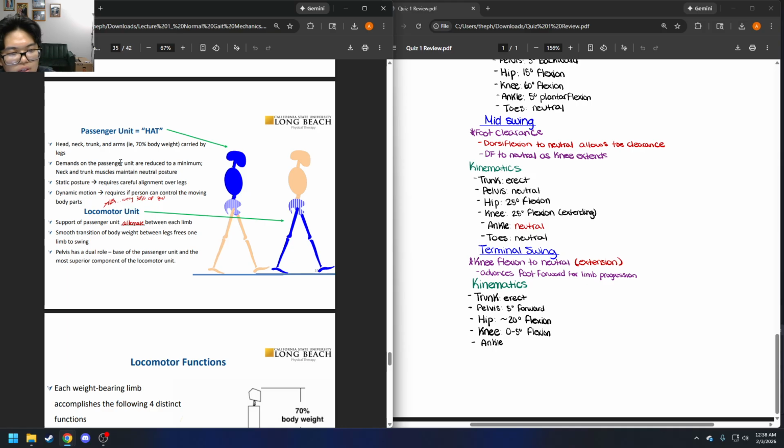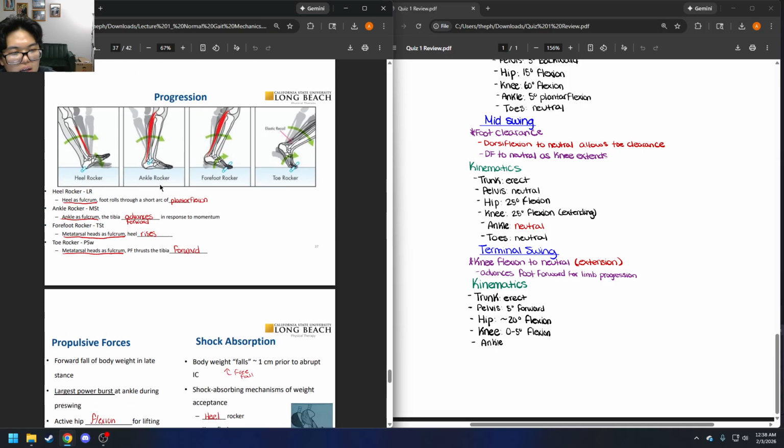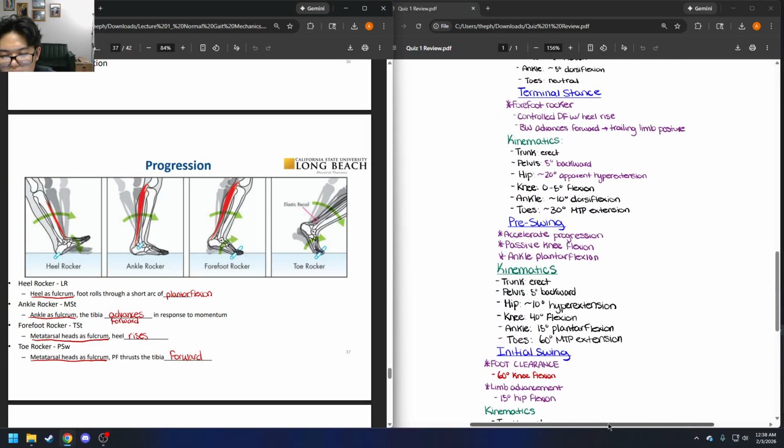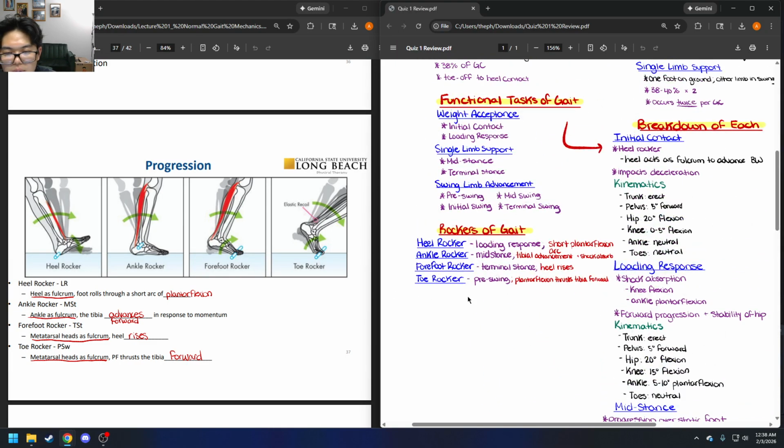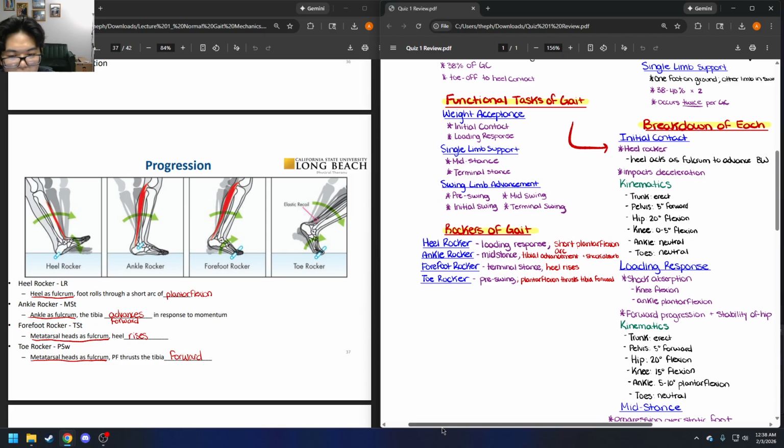We didn't really go over this as much, but one last thing I would want to talk about is understanding the rockers of gait. So we talked about the heel, ankle, forefoot, and toe rocker. In heel rocker, we have our loading response. This is when the heel acts as the fulcrum, and the foot will roll through a short arc of plantar flexion. In the ankle rocker, we have mid stance around that time.